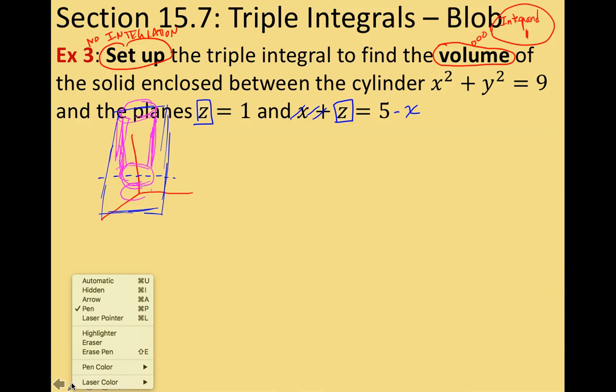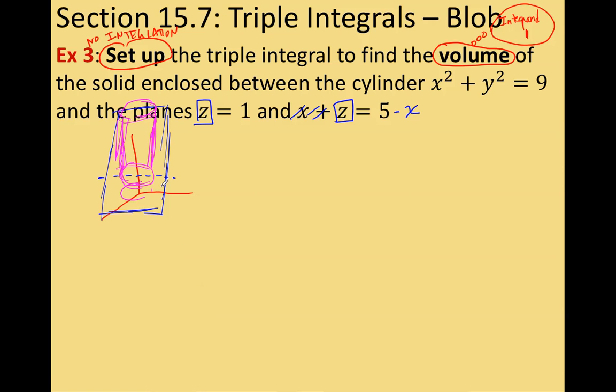But I hope that you can see from here, I have a bottom. What's the top? Again, my picture's terrible, but can you see that if I'm enclosed, the top is going to be this plane? I have a Z and a Z. Z equals 1 certainly lies below Z equals 5 minus X.